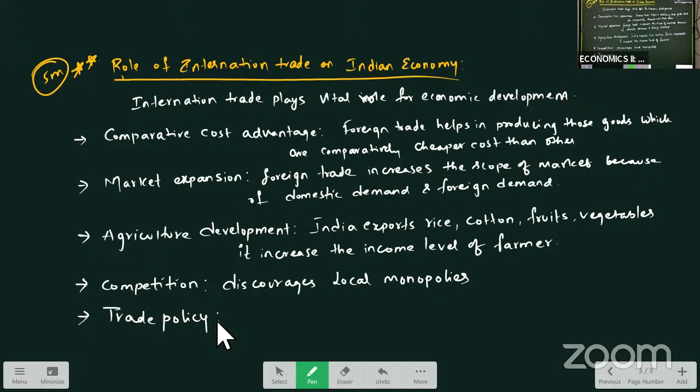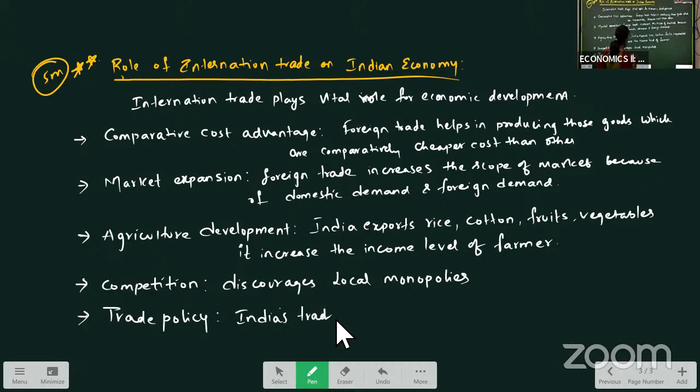Quantitative restrictions and stringent restrictions were imposed on foreign investments. Through the LPG policy, these trade restrictions have been removed. Trade reforms helped India to increase the trade to GDP ratio from 15% to 35% between 1990 and 2005. So here we can say trade policy.